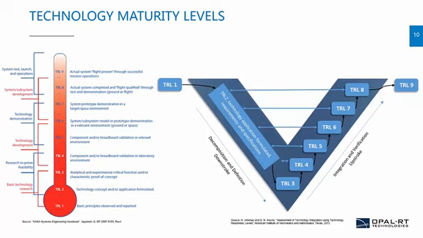And this process is basically iterative in the sense that if we fail to reach a certain TRL level, we either need to go back to previous TRLs or even back to conceptual designs or functional requirements. And this is shown by the arrows that link the downstroke and the upstroke parts of the V process.